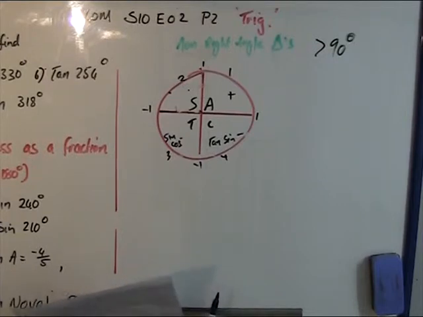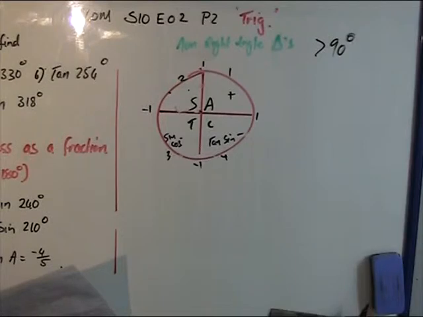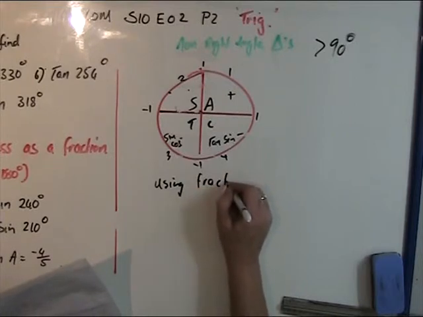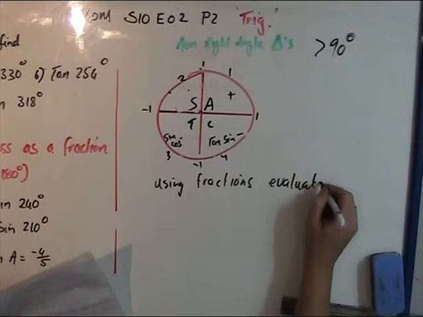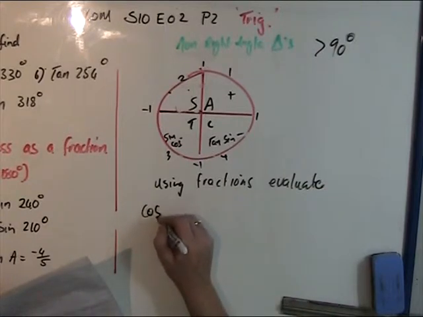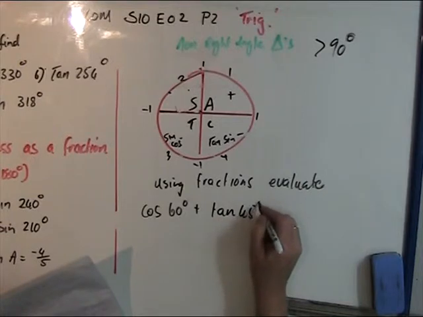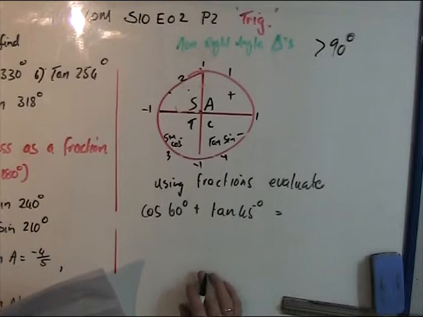Okay, so in the tables, let's have a look at the questions. Using fractions, evaluate cos 60 degrees plus tan 45 degrees. Now, I know these are less than 90 degrees, I'm just giving you an idea of these.